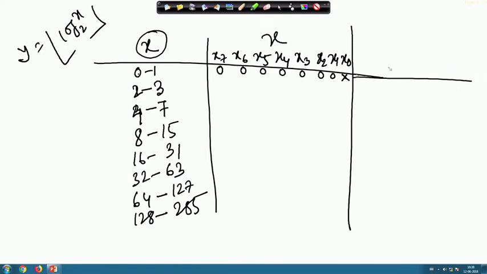Okay. So, for that, y2, y1, y0 will be 0 0 0. As this is the 8 bit function I am considering, log 2 base x can be covered within these 3 bit positions.